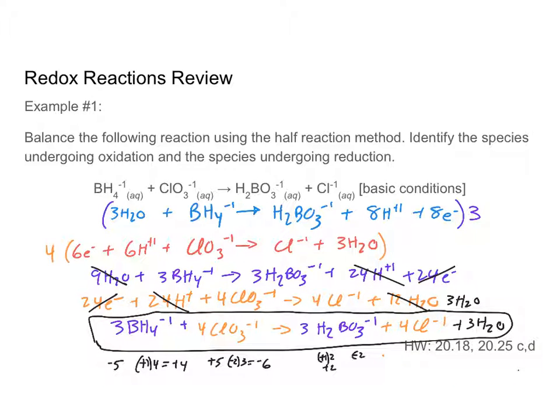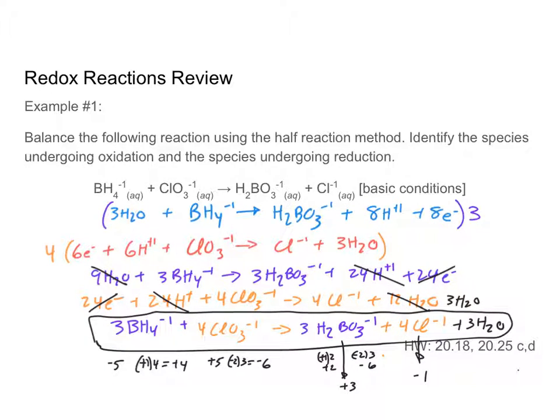Oxygen is a minus 2, and I've got 3 of them, so it becomes a minus 6. We want this to be a minus 1, so the boron has to be a what then? Plus 3, right? Correct? And then over here, the chlorine is a minus 1, so it's just a minus 1.